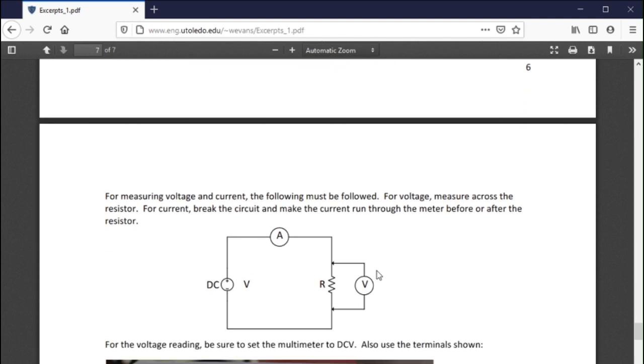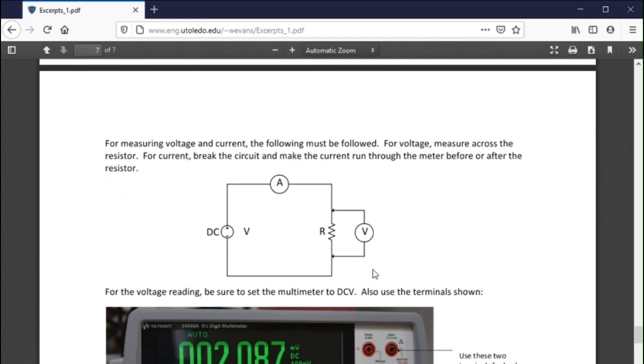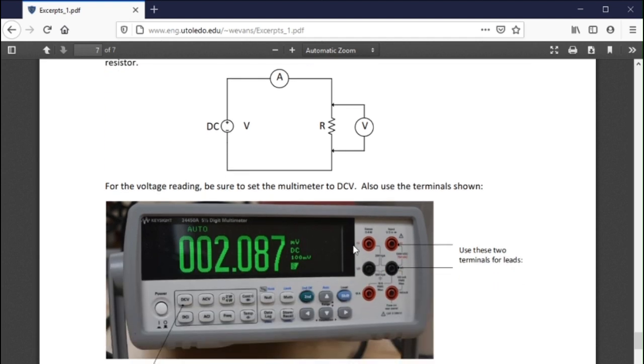Now as you do various labs, you're going to learn that you measure volts across. You would measure voltage by using a pair of leads coming out of this one and this one, going from one side and then the other with the 2 leads, and then you would click on DCV, DC volts.